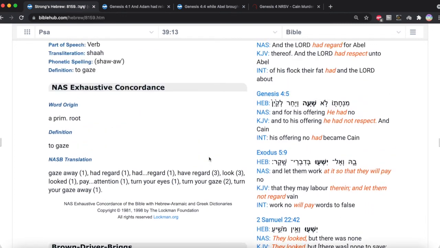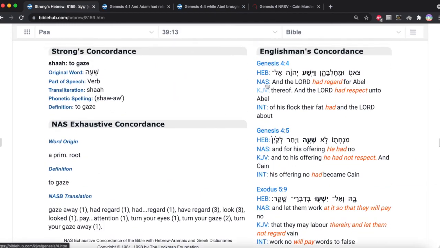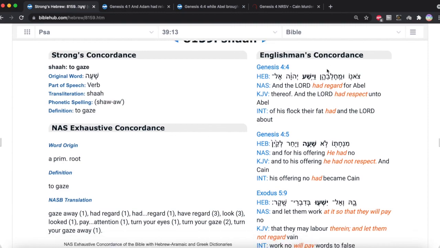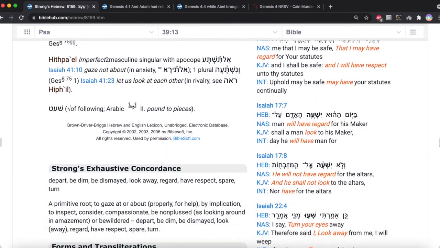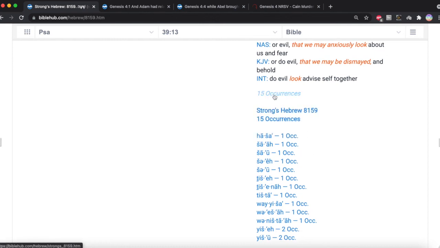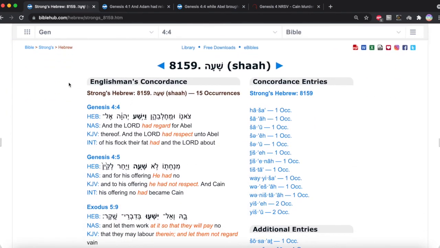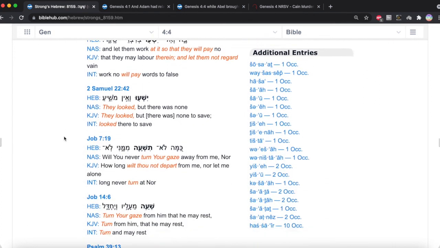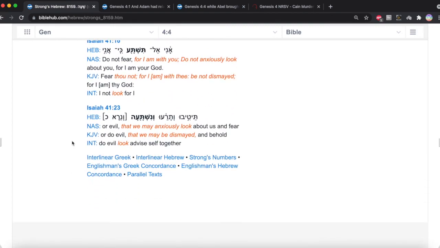Well, one way they decide how to translate that is to look at all the different instances of this word throughout the Hebrew Bible, so throughout the Old Testament, this long list. You click on the 15 occurrences, and now the page is showing you all the times this word is used throughout the Bible in Hebrew.